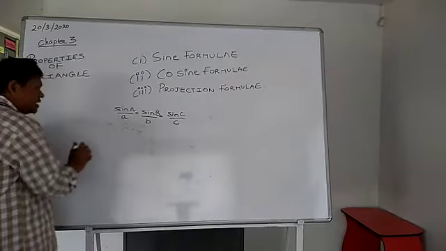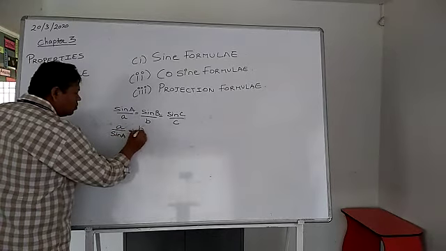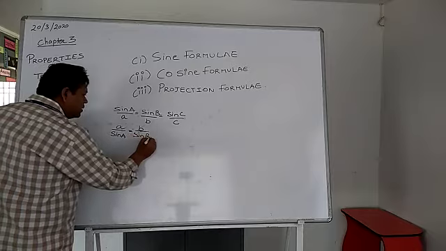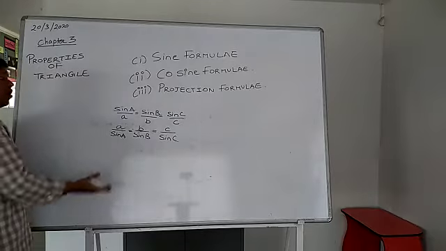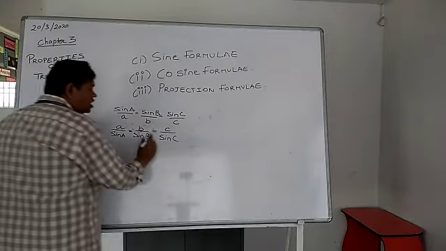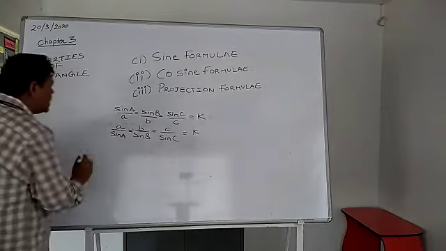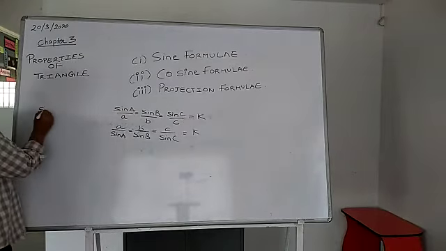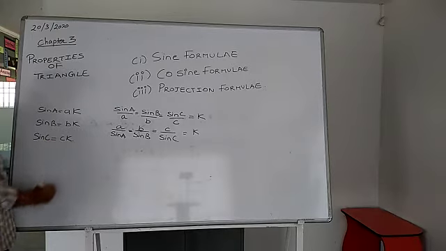It can also be written as a by sin A is equal to b by sin B is equal to c by sin C. It can also be written as both the ratios being equal to k. So sin A is equal to ak, sin B is equal to bk, sin C is equal to ck.